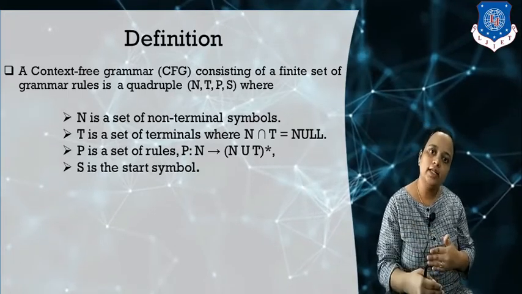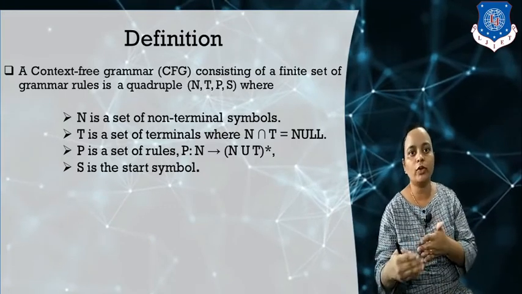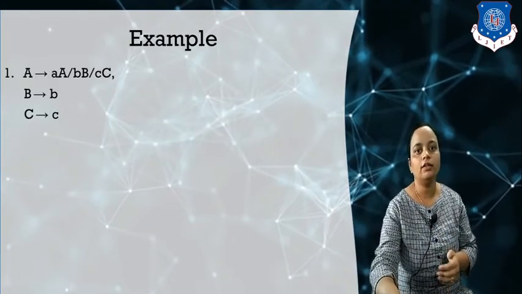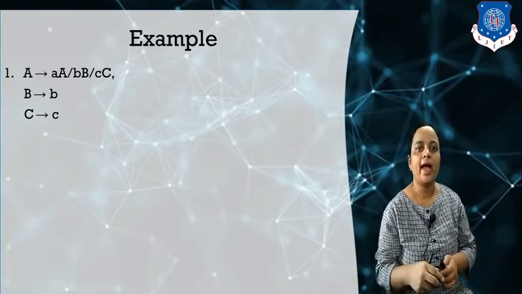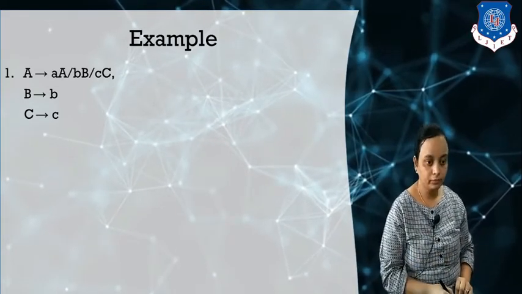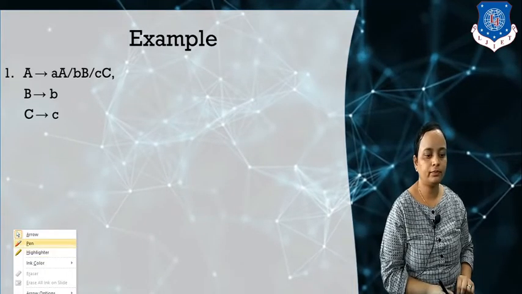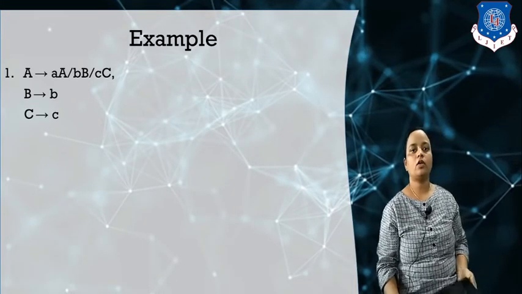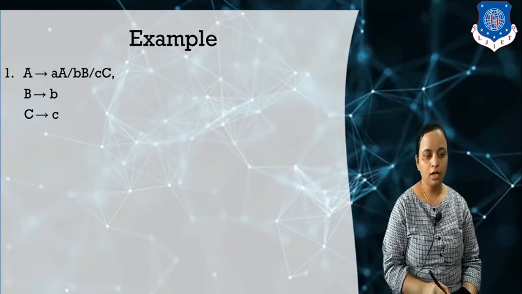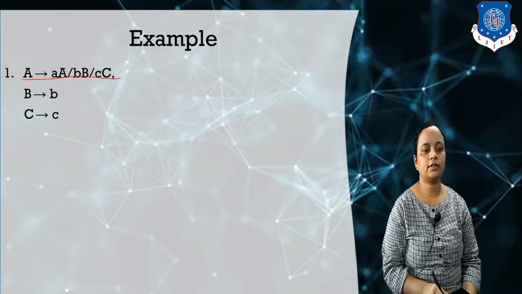Now let us understand this formal definition by using an example, so you can get a clear cut idea about it. This is the example where I have defined the grammar. You can see over here, this is the production rule.